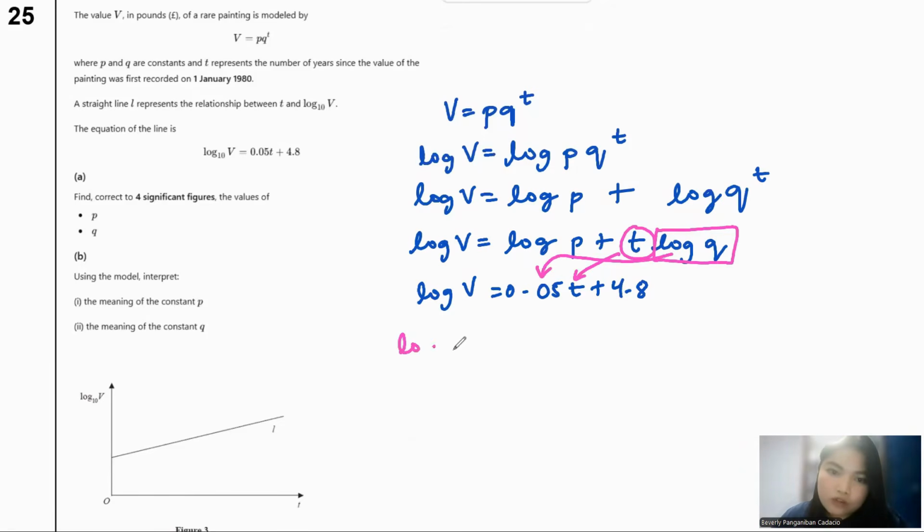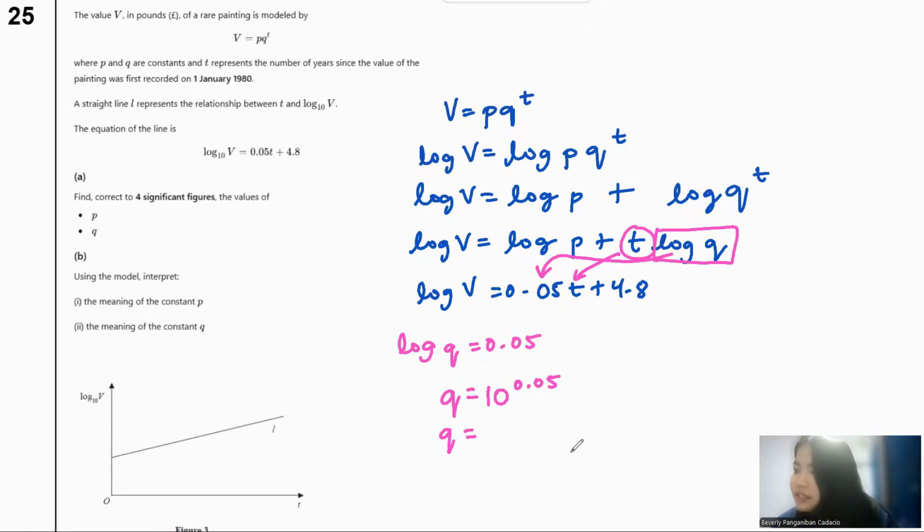So I can write log Q is equal to 0.05. And you know that for you to get the value of Q, make it exponential, and the base is 10. And this will be now the exponent, 0.05. And you can just put that in the calculator, which is 10 raised to 0.05 will be around 1.122 approximate.